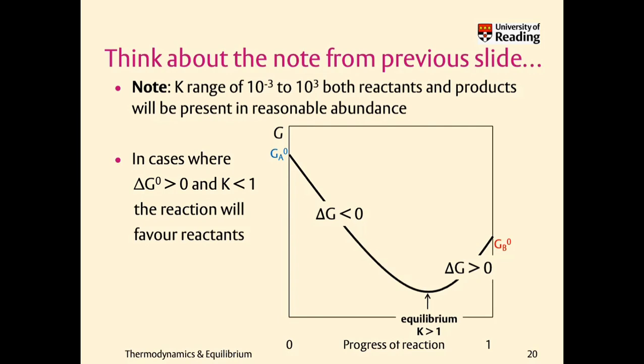So the overall reaction has a negative delta G. In a case where K is greater than 1 and delta G is negative, the equilibrium point has it that products are favoured. There will be more products than reactants at this point.